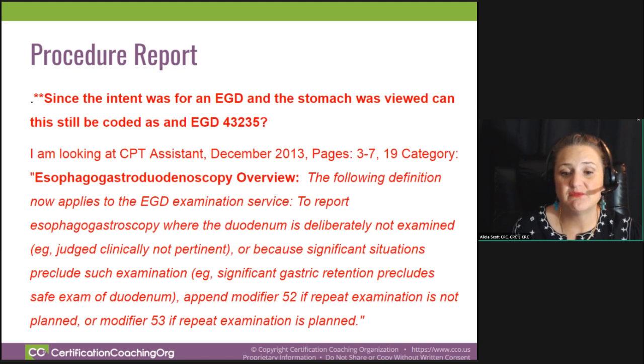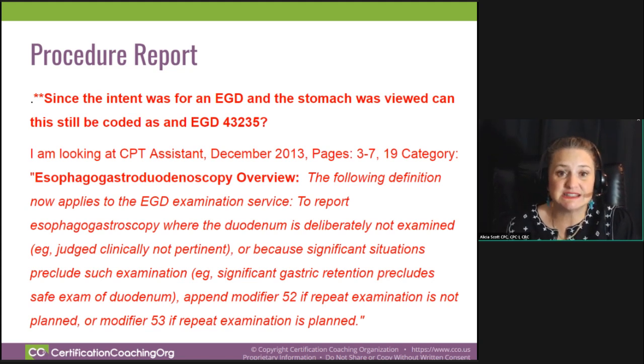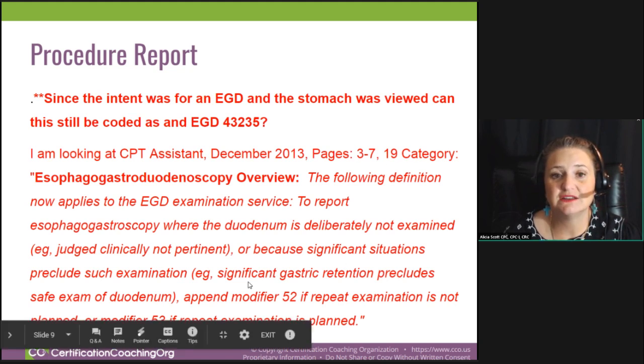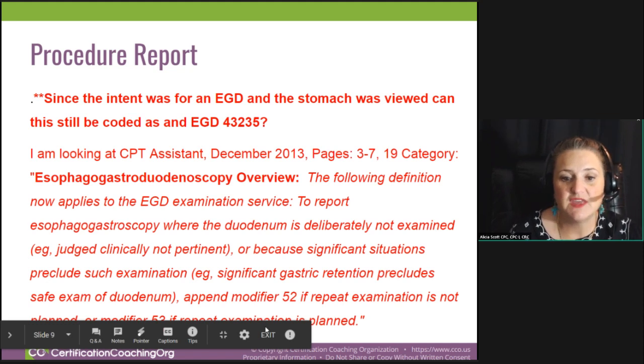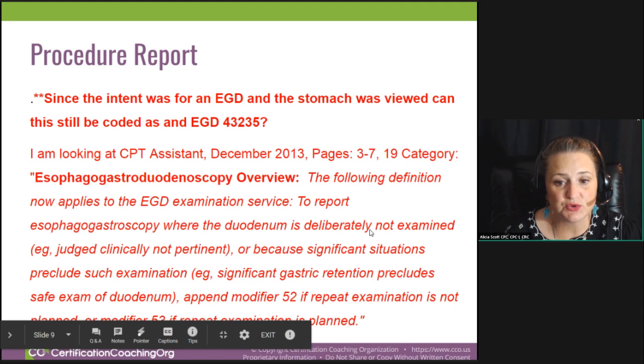Maybe you have blood in there and it's pooled and there's just liquid in there. If it's clear liquid, you can see, but again, you can't diagnose or treat what you can't see. So then they tell you, if this happens, then you're to append modifier 52.